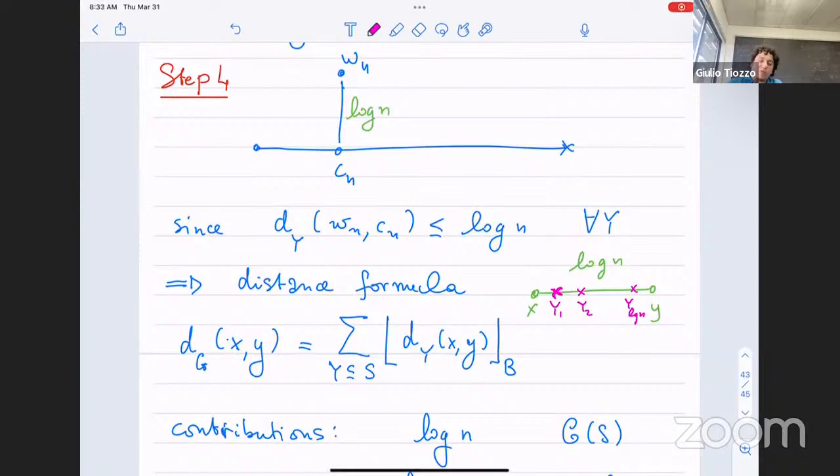But how much progress can you make? Well, if you look at y1, you only make progress when you're close to here, and from here to here you don't make any progress, and from here to here you don't make any progress. So you make the progress in this part. But you also know that this progress is logarithmic.